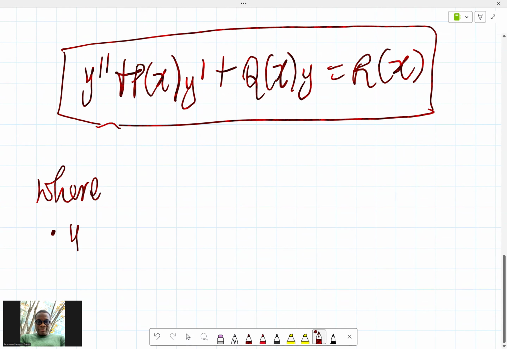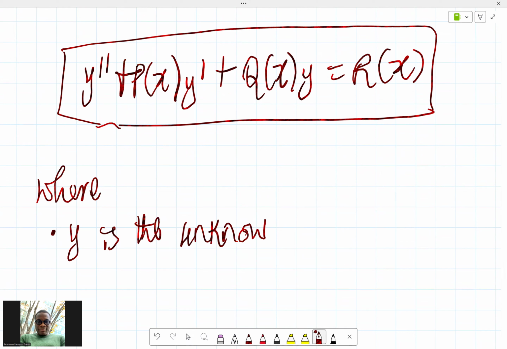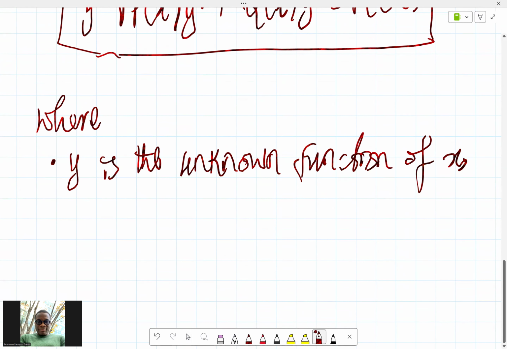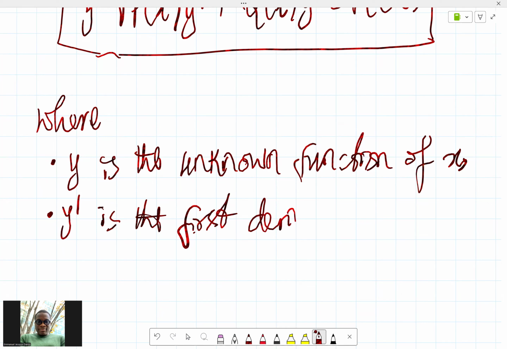first of all, y is the unknown function. That's like d squared y dx squared. Y is the unknown function of x. Okay. And then we have y prime as the first derivative of y.